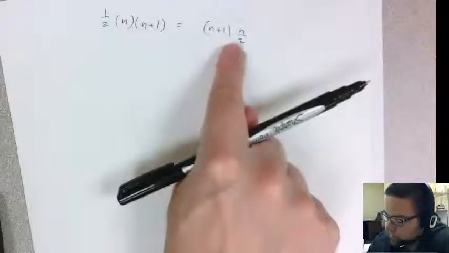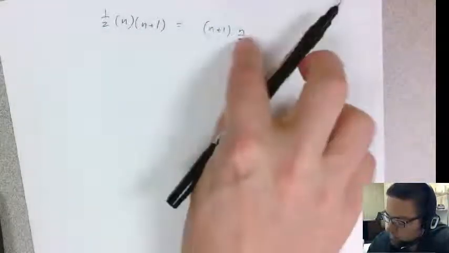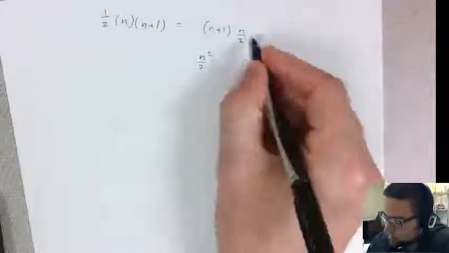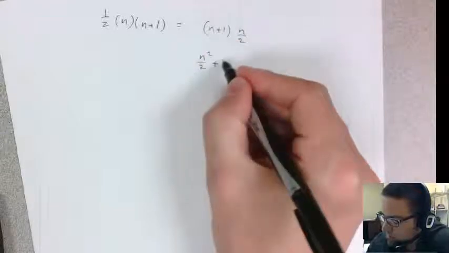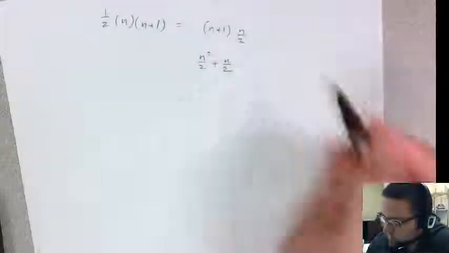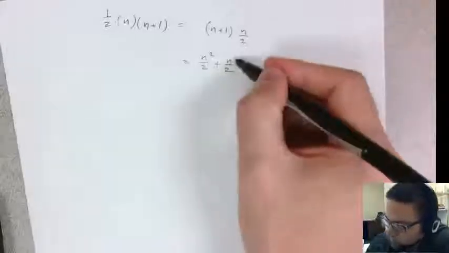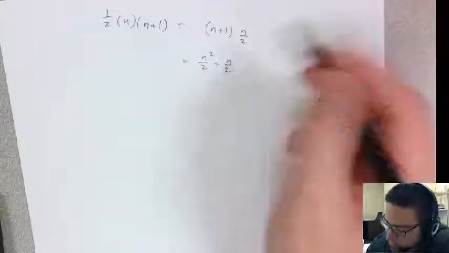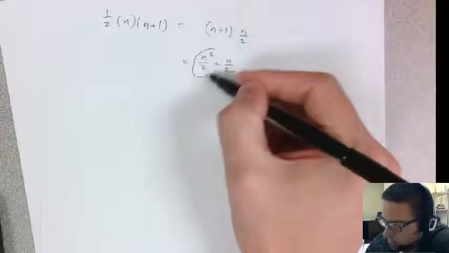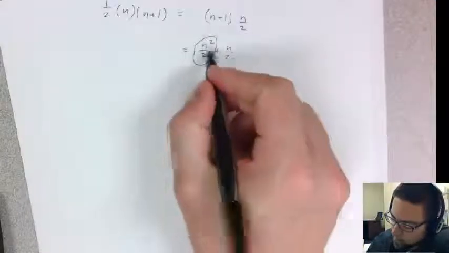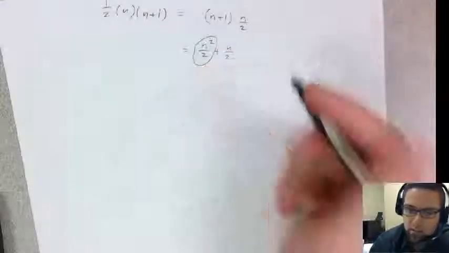Now, if you multiply this thing out, if you do n over 2 times n, you get n squared over 2, and then plus 1 times n over 2, which should be n over 2. And now we're entering into, before we looked at linear equations, which were only to the first power. Now we're looking at what we call quadratic equations that also have a second power.